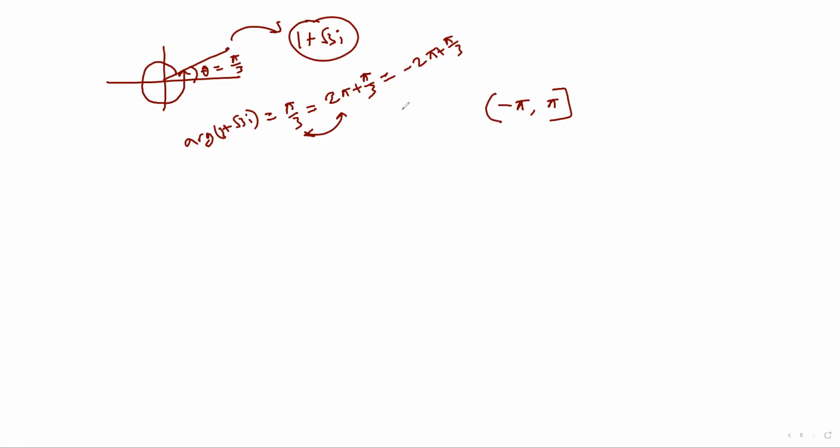So the main argument, or the leader argument, which we call the principal argument and denote by capital Arg of our number Z, has this condition that it is within the interval minus pi to pi.